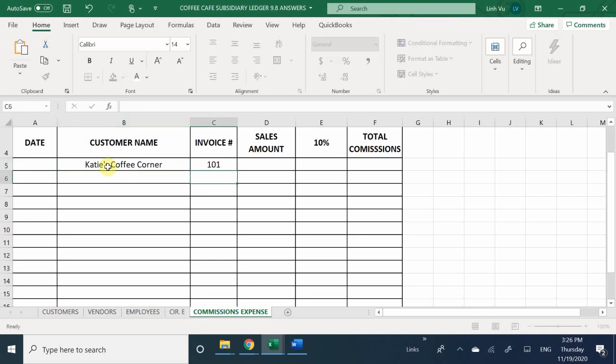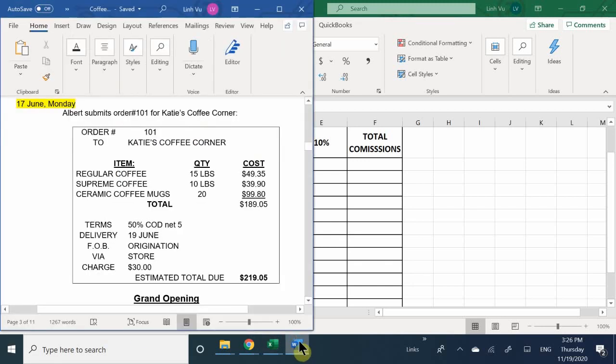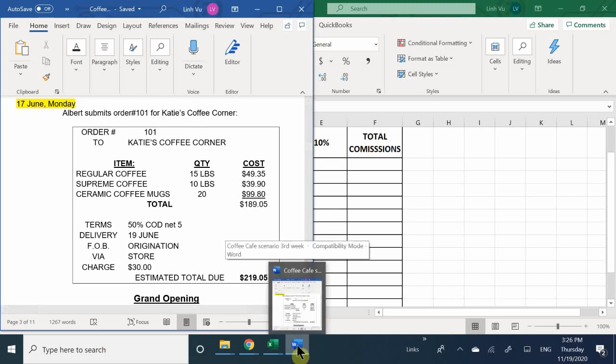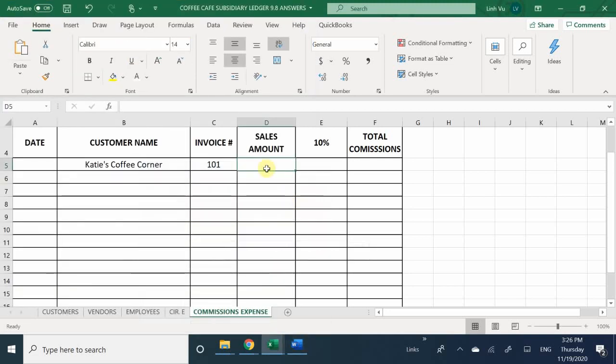So the invoice is still going to be 101, and the potential sales amount was $219.05, but no, because he can't get a percentage of the delivery charge. It would only be based off the sales, so it would be the $189.05, right? In this case, we're just going to give him every penny that he can make.